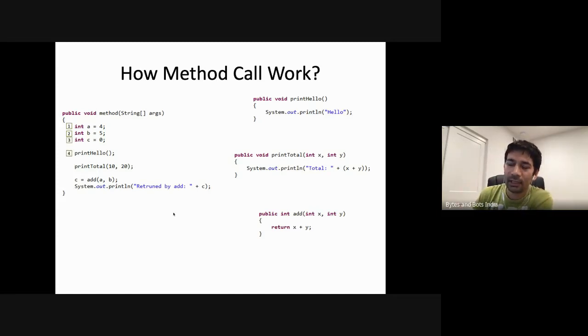Then it goes to that line. It says, oh, print hello. It's a method. So it'll look everywhere in the program. Where is that method? And it'll find it, and it'll jump to that method as step number 5. And it'll start executing whatever is between the two curly brackets. Step 6 is it'll print hello.